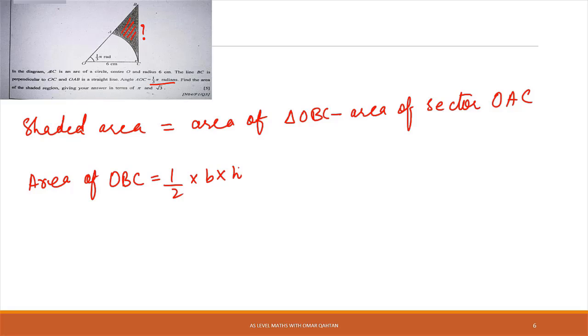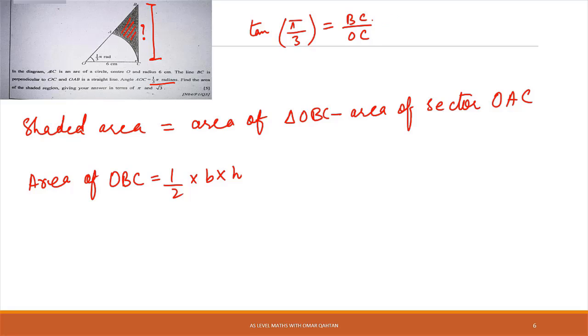So first I have to find this side BC, and it's a right angle triangle, so I can apply this formula. tan of pi upon 3 will be equals to BC upon OC, opposite upon adjacent.